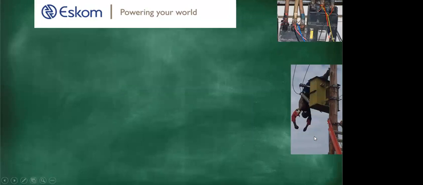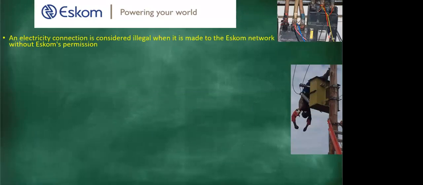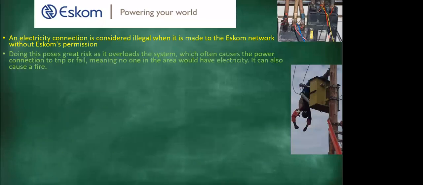Now this is found on the ESCOM website. They say that an electricity connection is considered illegal when it is made to the ESCOM network without ESCOM's permission. So an illegal connection, if we're connecting from ESCOM illegally without letting them know, is considered illegal.